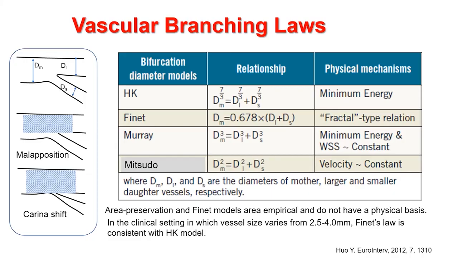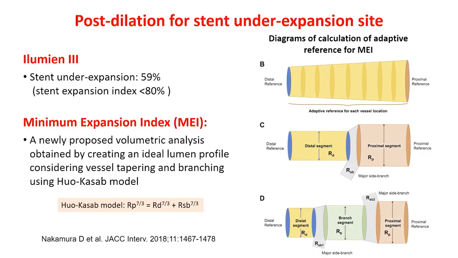The bifurcated vessel should be reconstructed according to the vascular branching law to minimize energy loss and prevent low shear stress in the bifurcated area. Stent expansion is crucial to prevent target lesion failure.